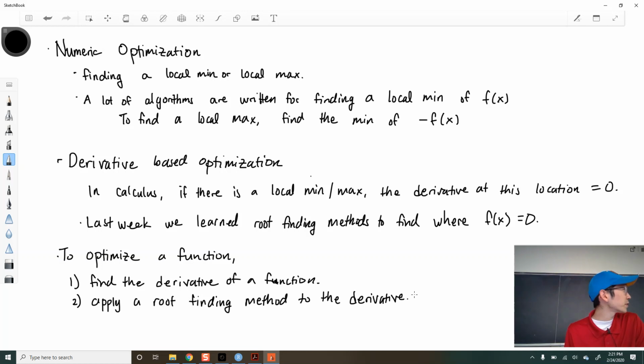To the derivative, and this gives us critical points. And then we'll just check the critical points to see if they are local mins or local maxes, right?